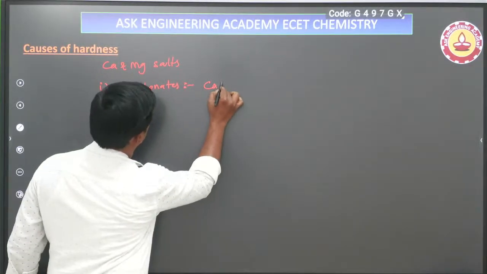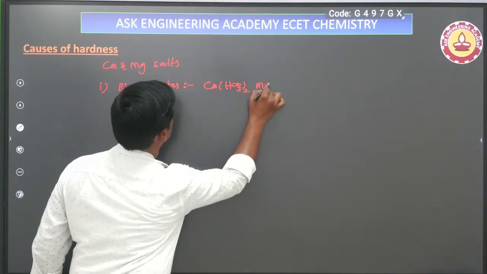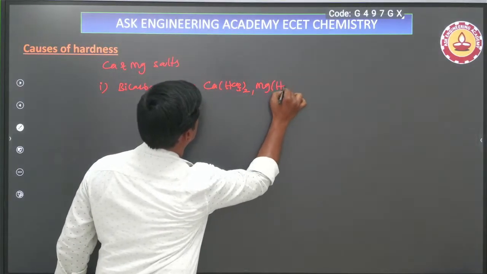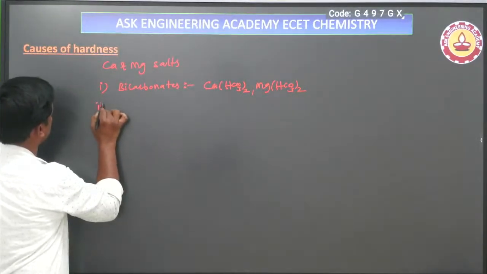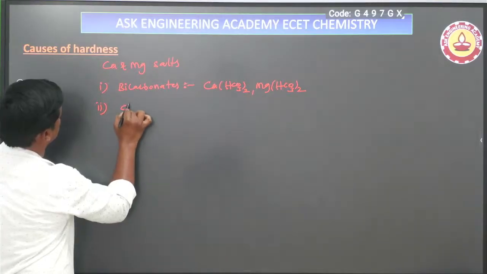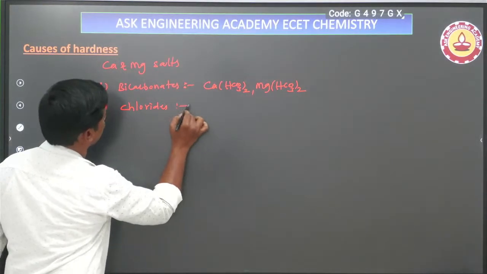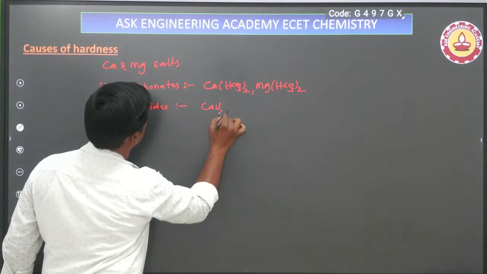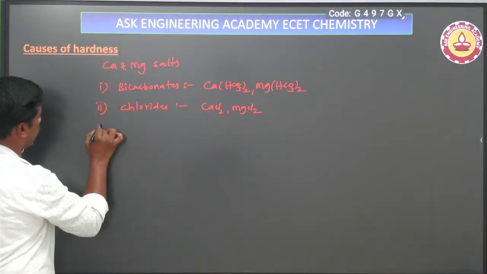Here calcium bicarbonate, Ca(HCO3)2, Mg(HCO3)2, these are the formulas. Next, second one, chlorides of calcium and magnesium, CaCl2, MgCl2. Okay.